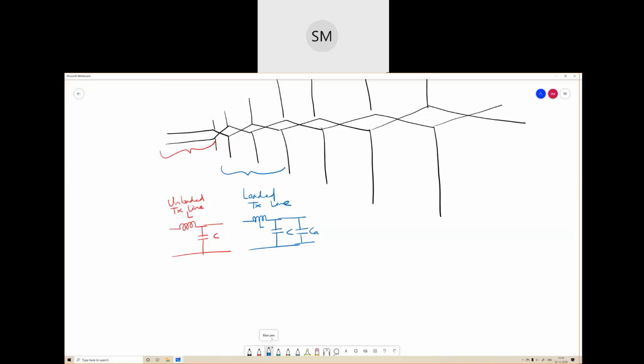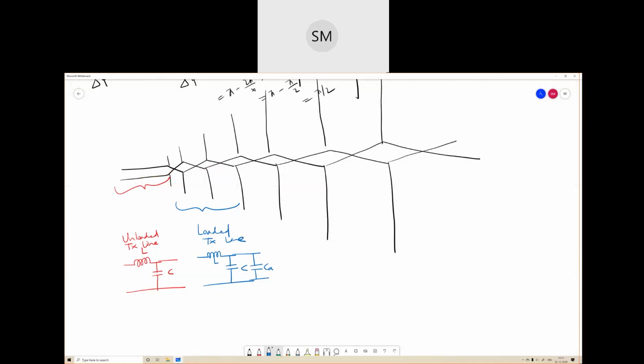Exactly. Because these lengths are lower than the resonant length, it will be capacitive. So CA is coming from the capacitive nature of the lower, shorter elements. This is called the active region, where it is getting radiated.